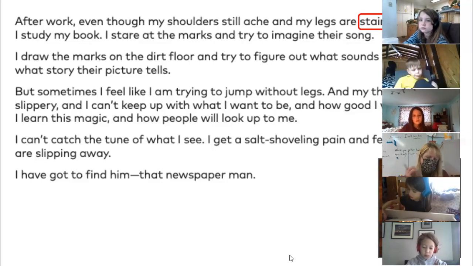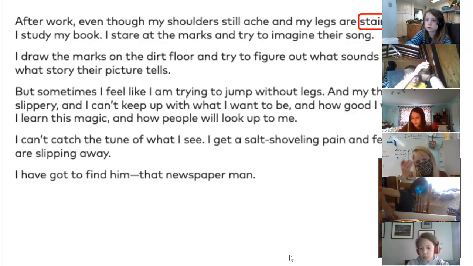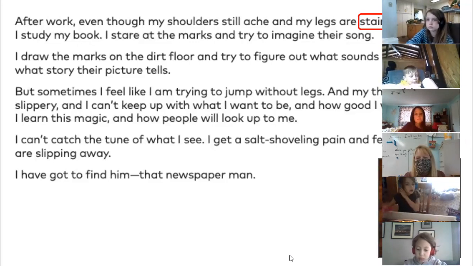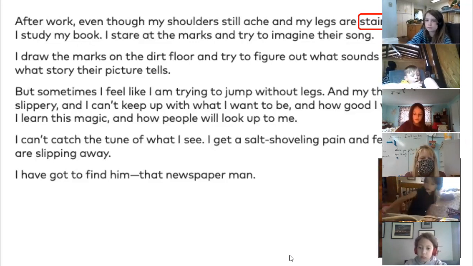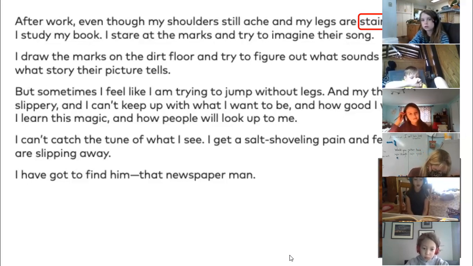So he's feeling a pain, but it's not a physical pain. It's like a pain in your heart. He really wants something. Have you ever had something happen where you really, really wanted something, either a thing or some sort of event, and then it didn't happen? It's not a physical pain, but does it make you super sad?